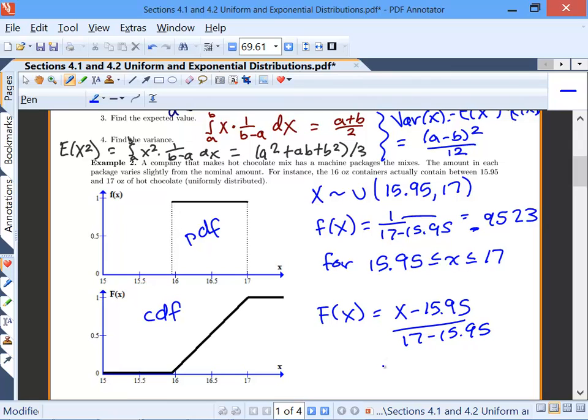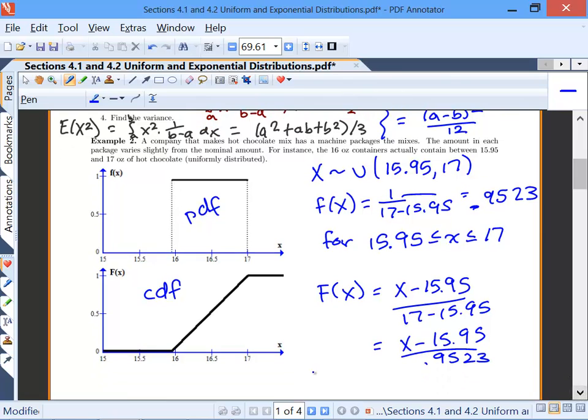When you think about this, if you simplify it, what kind of function is that? That is a linear function. We just have our x value. It's a linear function. Specifically, it's this linear function for x values between 15.95 and 17.